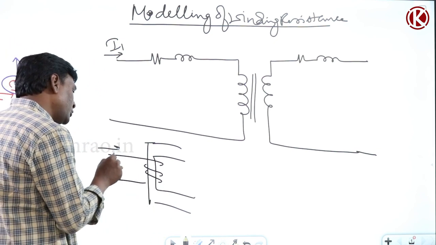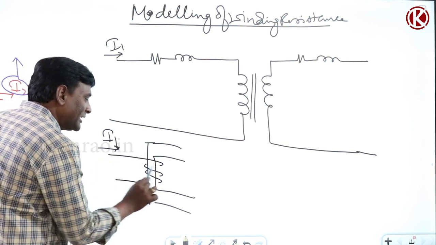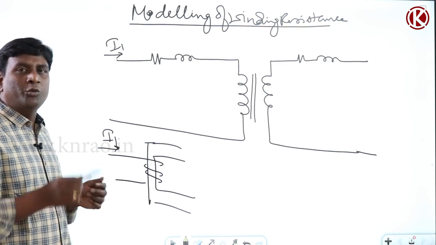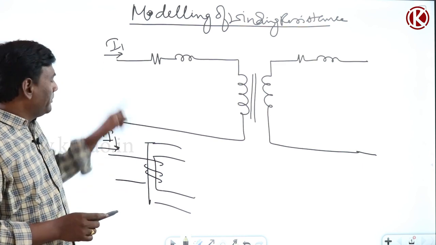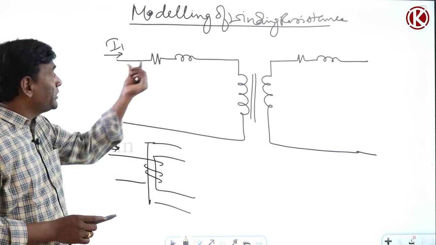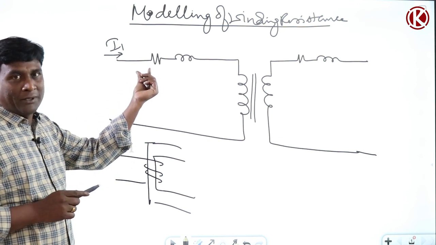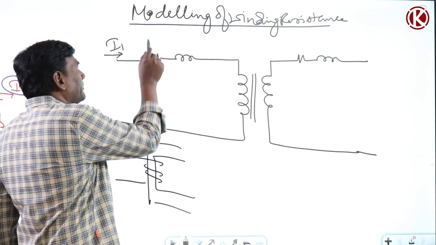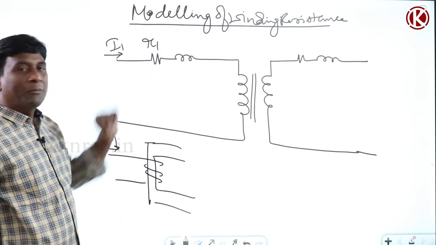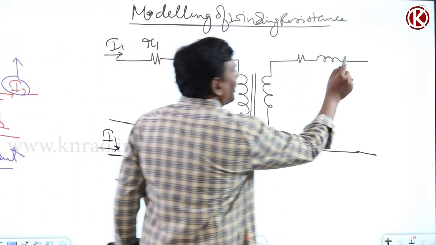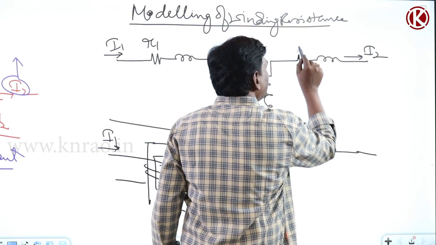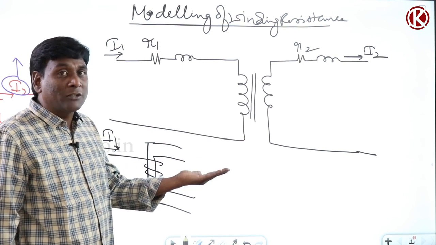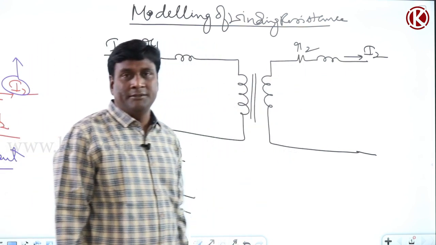Now if some current I1 is flowing through the primary winding, automatically you are going to have some copper losses. So I have to keep some resistance value here on the paper, such that I1 should flow through R1. I1 square R1 will give you copper losses here, and I2 square R2 will give you the copper loss here. If secondary load current is increased, secondary copper loss should be increased. That's why I connected in series.